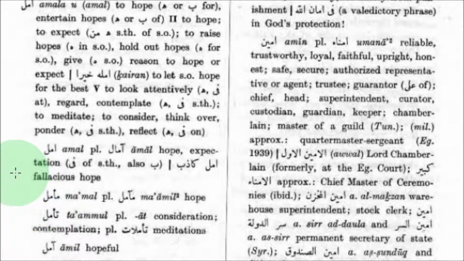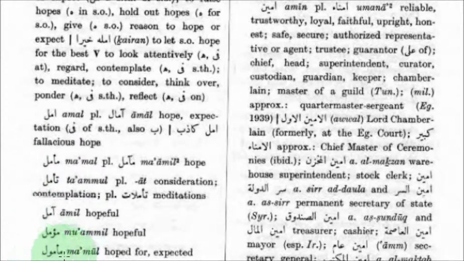But looking it up like this, and actually I encourage reading through the Hans Wehr occasionally and just getting a sense for how words are formed, because you never know when you might see a word you've never seen, like mu'amul, which here means hopeful. Does that necessarily mean that it's going to mean hopeful in all contexts? No, because it should be used Arabic to English first.